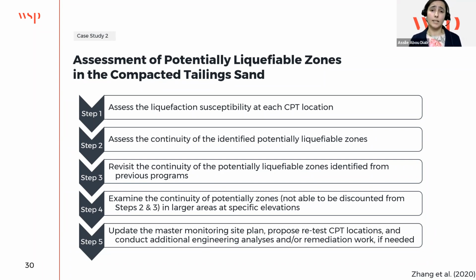Based on that, we update our CPT program for the next program, adding more CPT data near the locations where we have sand that's susceptible to liquefaction. We can also conduct additional engineering analysis to determine if these potentially liquefiable layers pose a risk to our structure or not, and if we need remedial works.